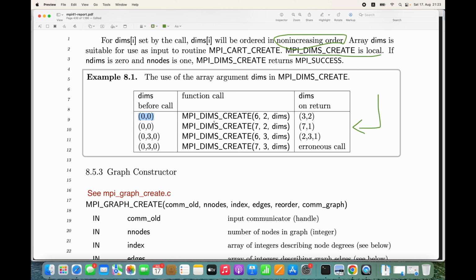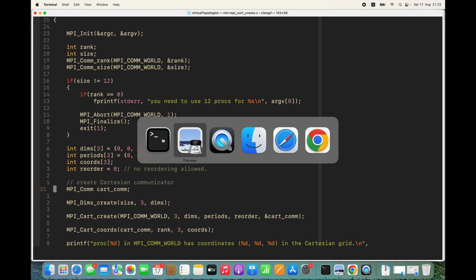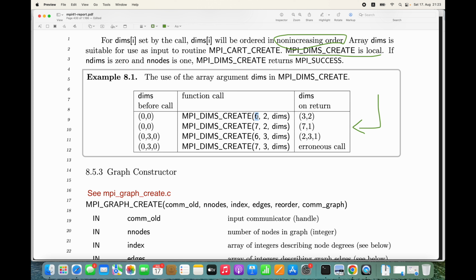And then we use MPI DIMS create with these values, 6, 2, and we pass in this DIMS, which is 0 and 0. So you want to have 6 processes, and then you want to have 2 dimensions. So this is what MPI DIMS create is going to dump out for you. That is 3 times 2. It's going to be 6.